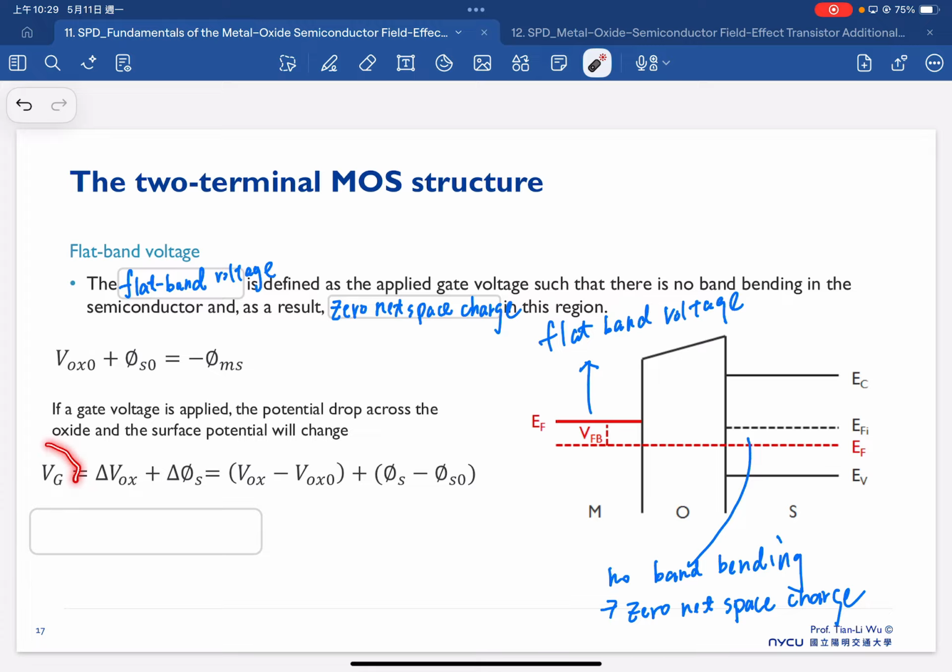So now our VG will be considered as delta VOX plus delta phi s. This delta VOX is mainly due to the additional bias, and phi s is originally something, and then after the bias it changes.